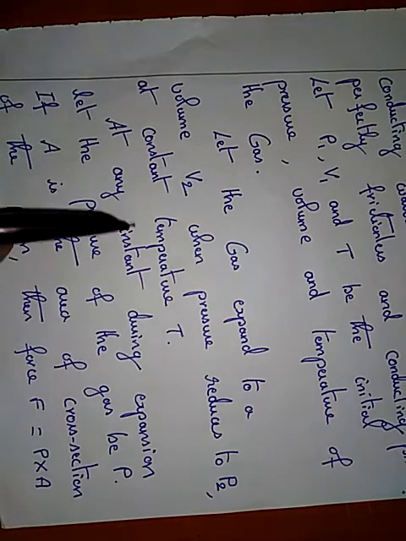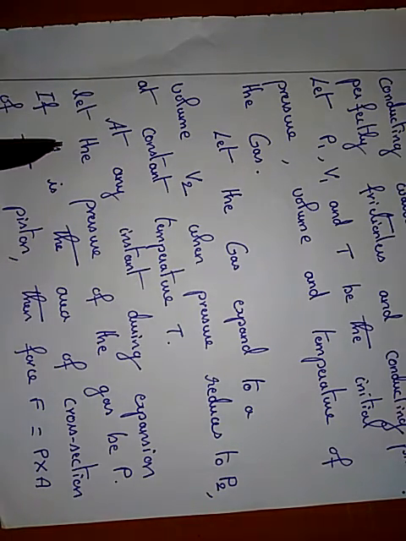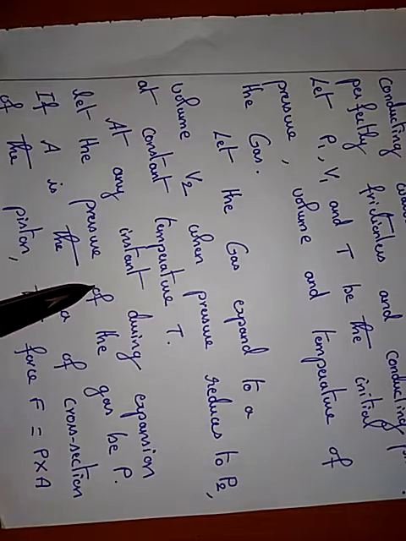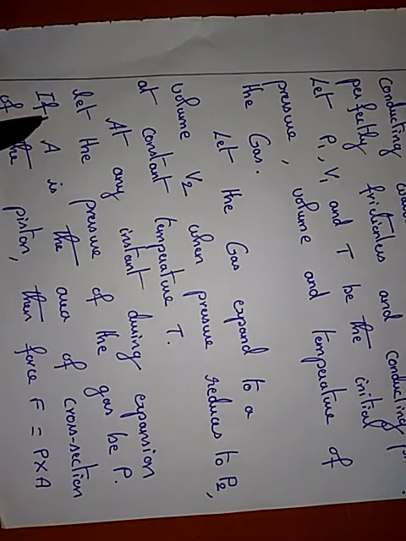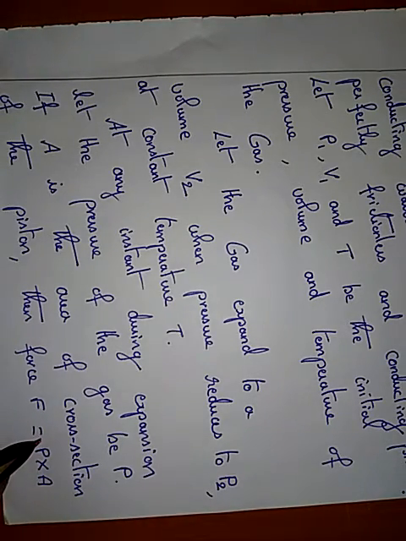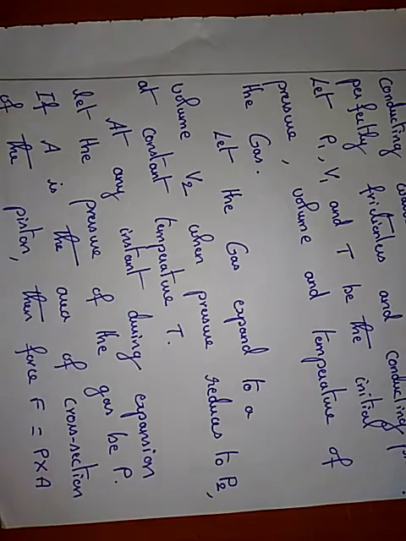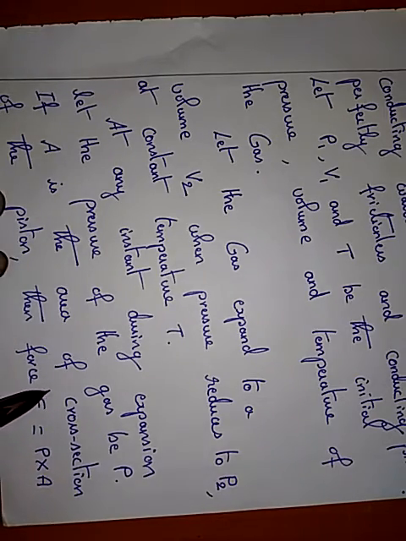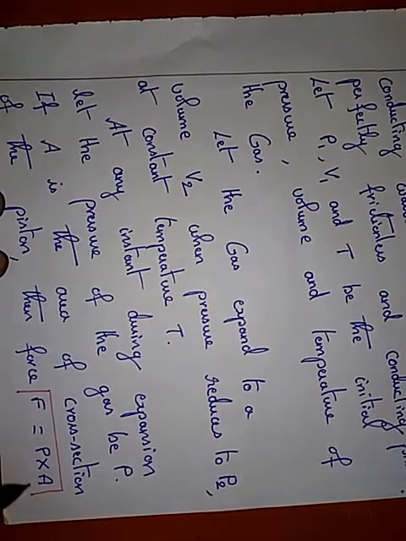at constant temperature T. At any instant during expansion, let the pressure of the gas be P. If A is the area of the cross section of the piston, then force. So we all know that pressure is equal to force by area. Therefore, force is equal to pressure into area.